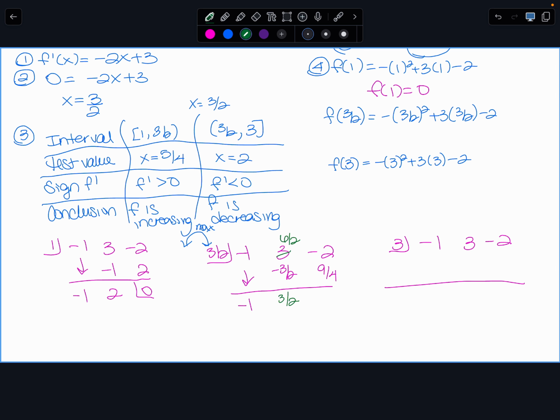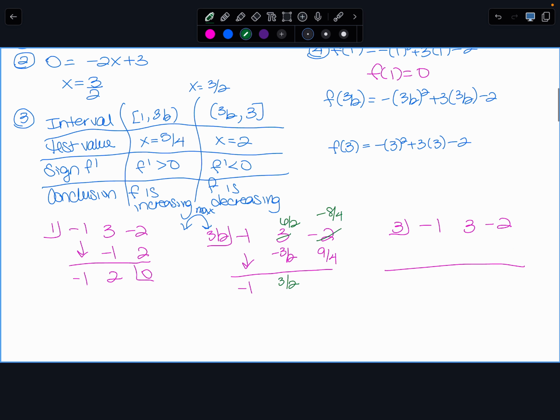My negative 2 can be a negative 8 over 4, so I find a common denominator, and I get a positive 1/4. So f of 3 halves is 1/4. And then to do 3, bring the negative 1 down, negative 3, 0, 0, so I get a negative 2. So f of 3 is negative 2.